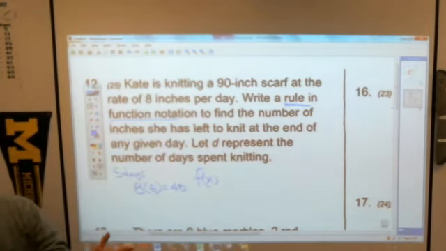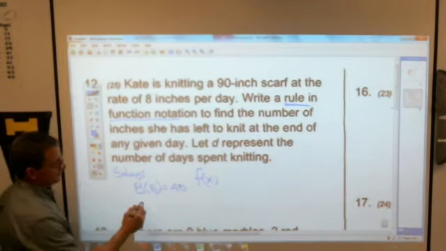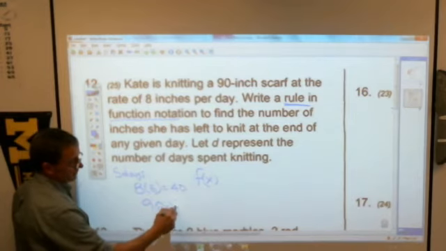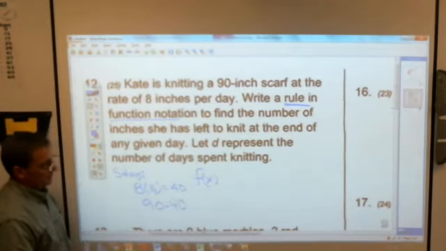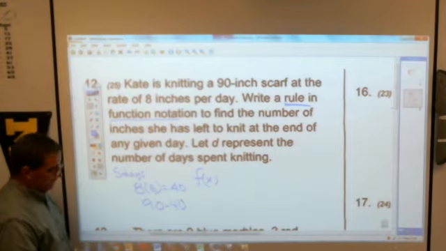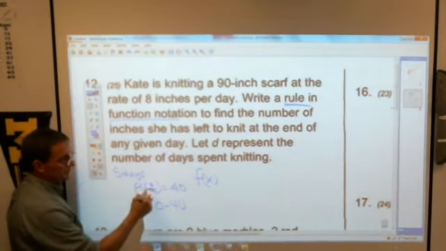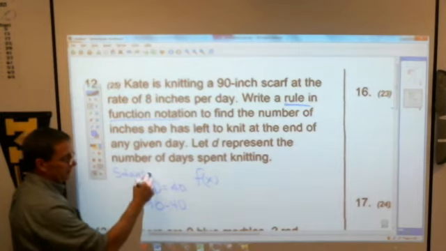How'd you figure that out? Right. Well, you took 90 minus 40, right? Now, instead of putting the number 5 in there, I'm going to put any number in there.